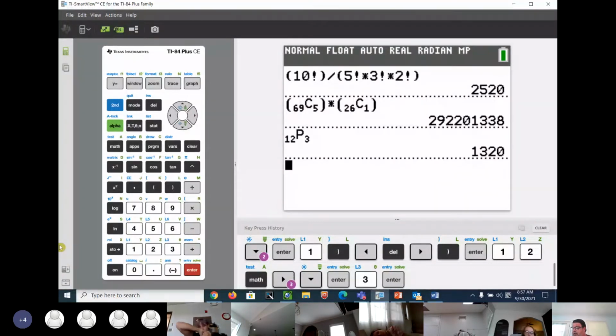So I'm going to spend $1,320, but I'm guaranteed a win, because 3 of those 12 horses have to come in first, second, and third.